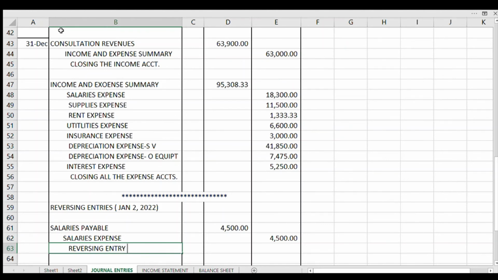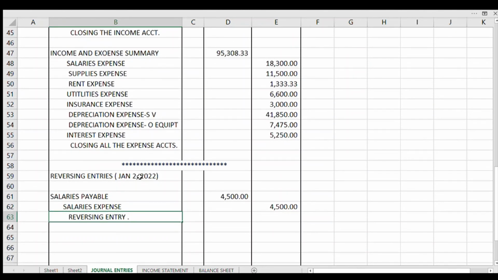For this particular accrual, again we do reversal for those accounts, particularly accruals and deferrals, if the deferrals were originally entered under the expense method or income method.